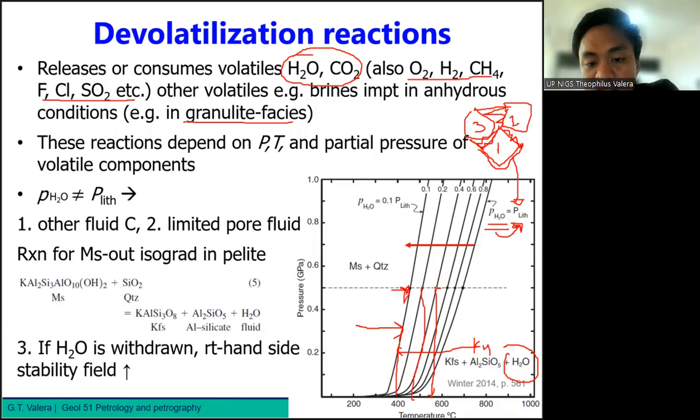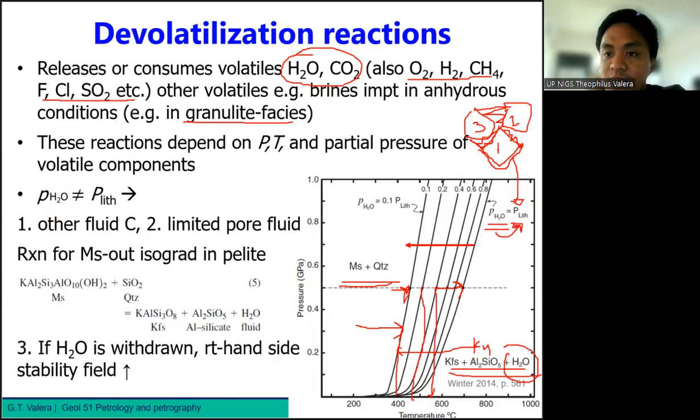And again, you can see here, yung maximum temperature for the reaction happens kapag PH2O equals P lith. Okay? So these reactions, which involve water either on the reactant side or the product side, break down or happen depende sa presence, or amount rather, ng fluid natin.